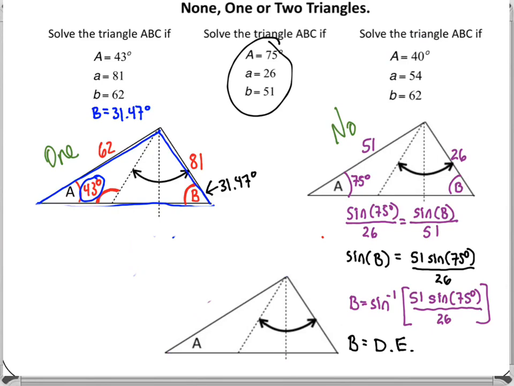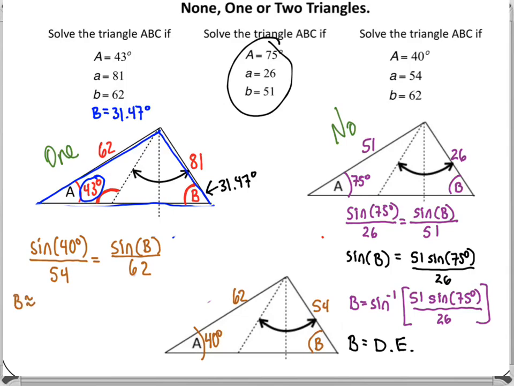Okay, so labeling everything up, we have this set up here, okay? And so we're going to set up the law of sines and solve for angle B like we typically have done. So I'm just going to cut to the chase and solve for angle B. And I'm going to get 47.56 degrees, okay?